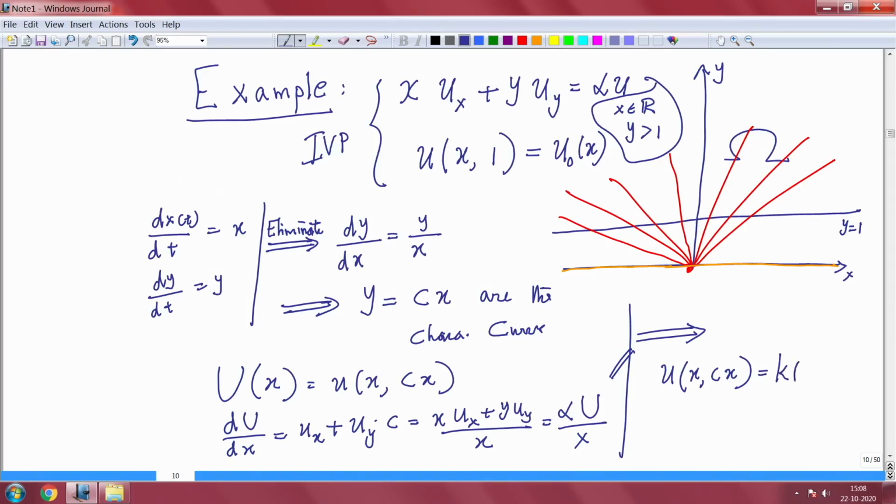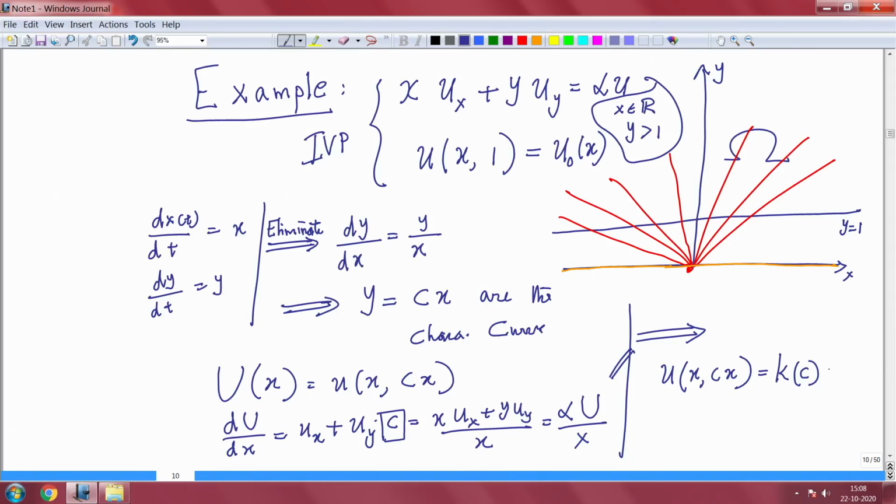This constant of integration will depend on the constant c, which fixes the characteristic. Then you have an ODE on the characteristic and that gives you another constant of integration. That constant depends on which characteristic curve you are integrating. So, this is K(c) times x to the power alpha, you can integrate.